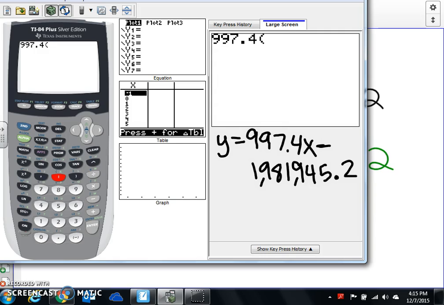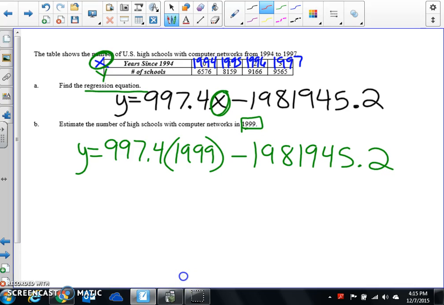Times, remember when we plug in, we use parentheses. So 1999 minus 1981945.2. Enter. And it gives me this number. Okay, so 11,857, and I think it was like 0.4.